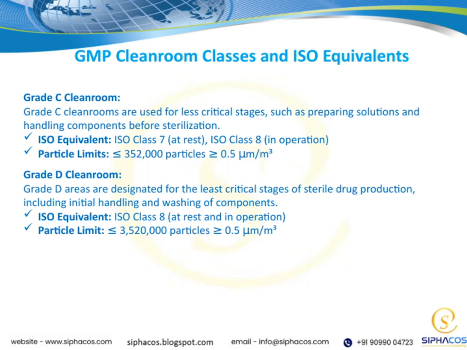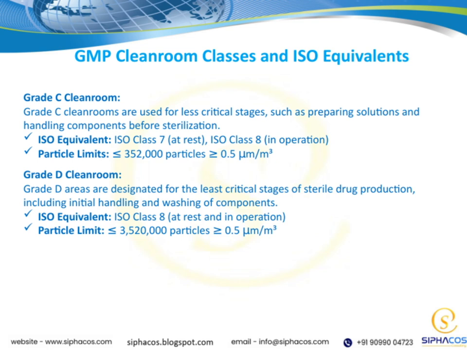In terms of international standards, Grade C cleanrooms typically correspond to ISO Class 7 when at rest, meaning the air cleanliness is quite controlled, but slightly less stringent during operation, which is classified as ISO Class 8.